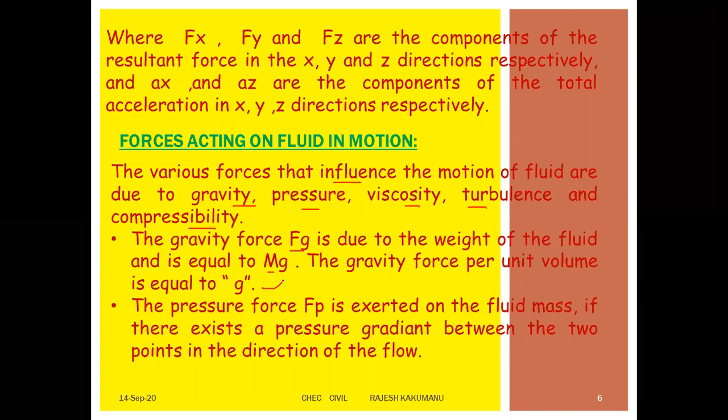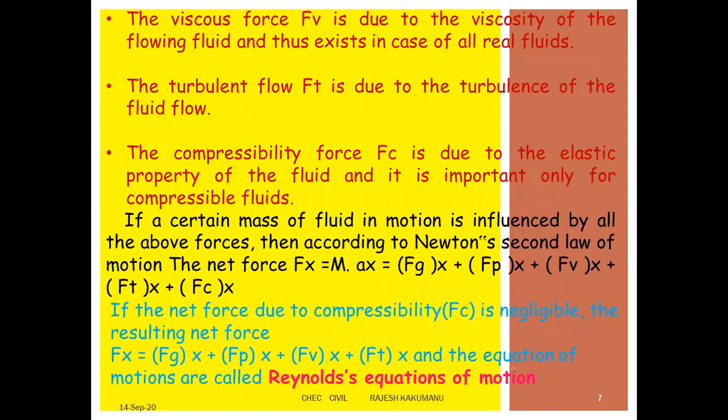Next, the pressure force Fp is exerted on the fluid mass if there exists a pressure gradient between two points in the direction of the flow. So when the flow is in one direction in a pipe, a force is exerted on the fluid mass where a pressure gradient exists between the two points.